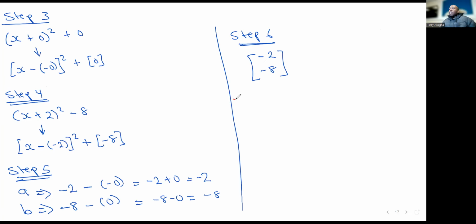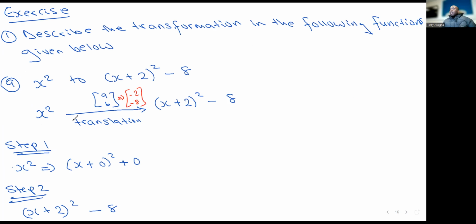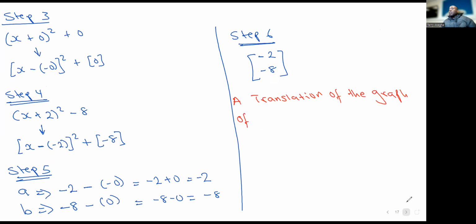This means it's a translation of the graph of x squared, which is the original one. So that means this graph of x squared was translated 2 units to the left and 8 units downwards to give us this, okay?